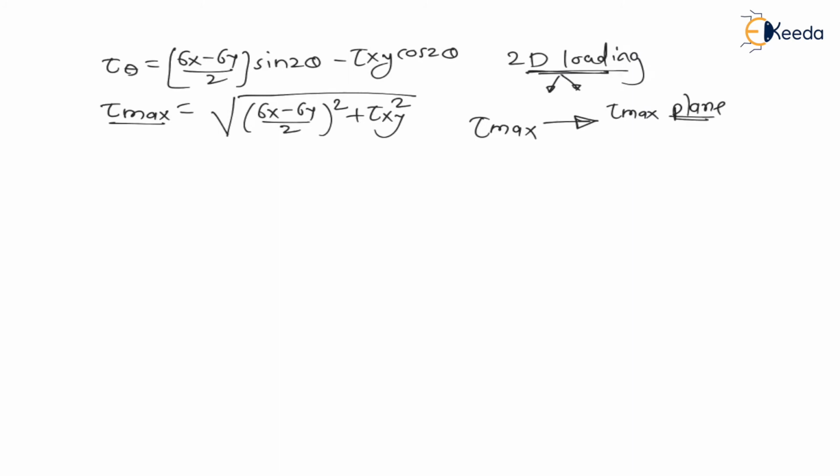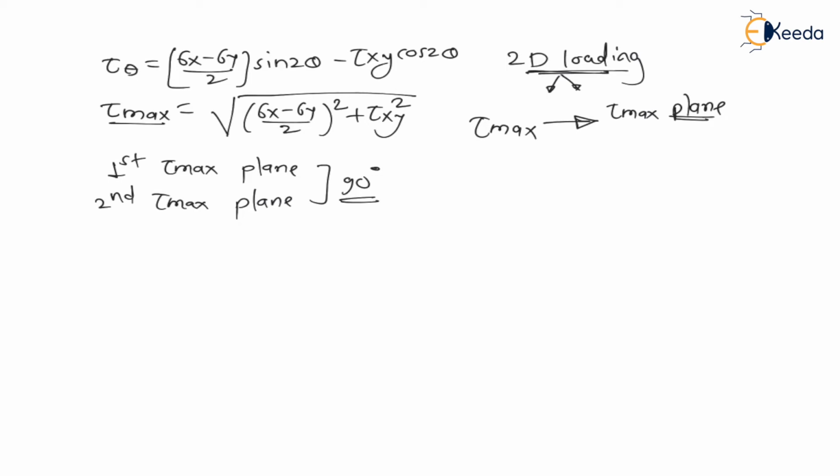Again for 2D loading, there are two tau max planes separated by 90 degree angle. That means the first tau max plane and the second tau max plane are separated by 90 degrees. This is important.